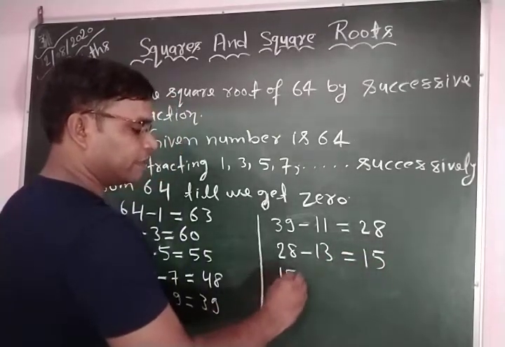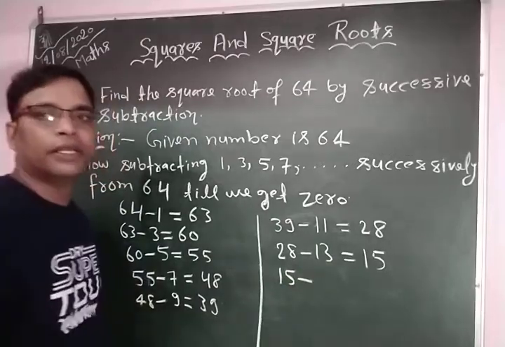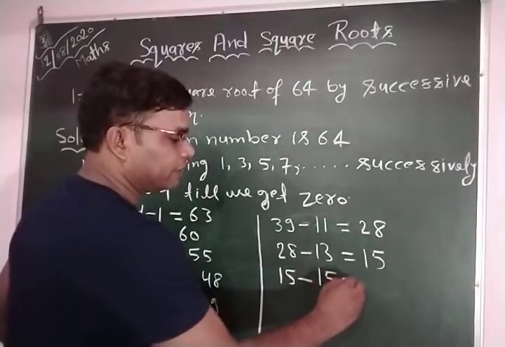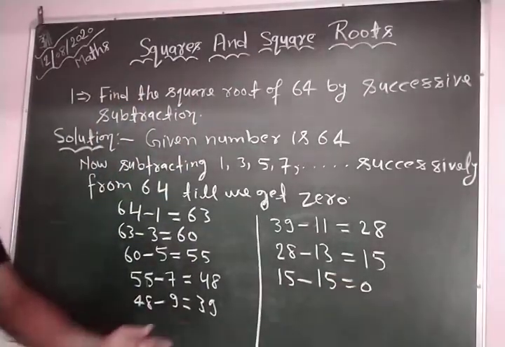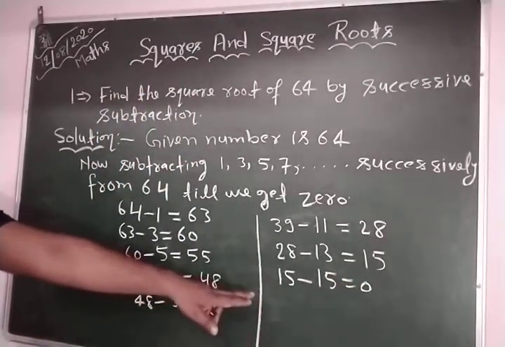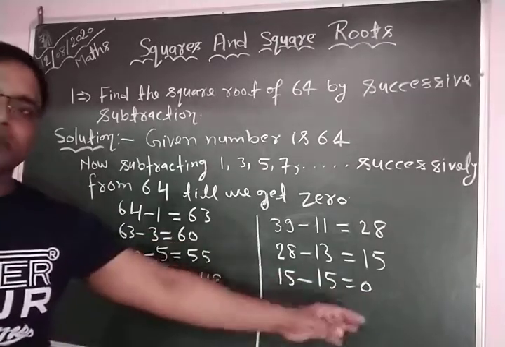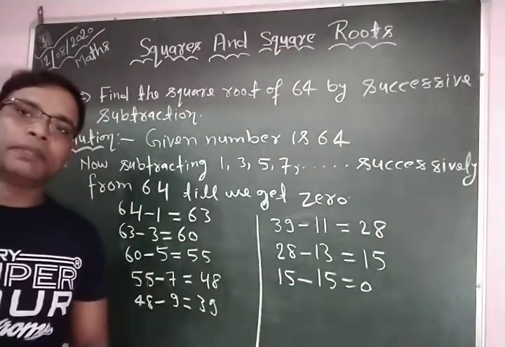And now 15 minus the next odd number, 15, is equal to 0. So our result is 0 when we subtract 15.